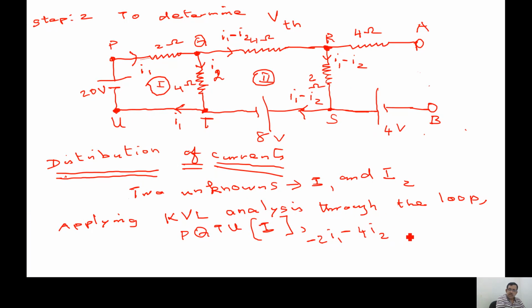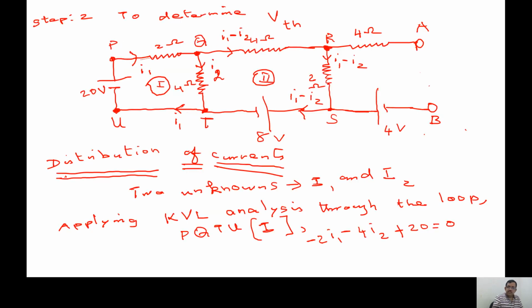So it becomes actually minus 20 equal to 0. Sorry, plus 20 equal to 0, because I am going through a voltage rise. So be careful with this sign. Effectively, I am getting the equation as 2I1 plus 4I2 equal to 20.